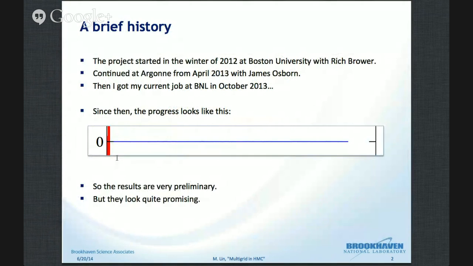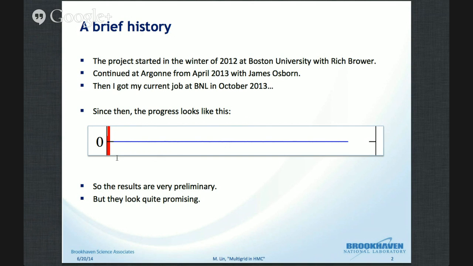The project started in the winter of 2012 at BU when Rich said he had some leftover grant from NSF and I wanted to start thinking about working on multi-grid for the HMC. And 5 months later, I moved to Argonne. So, I continued working on this project with James. And 6 months later, I got my current job at Brookhaven. So since then, the progress looks like this.